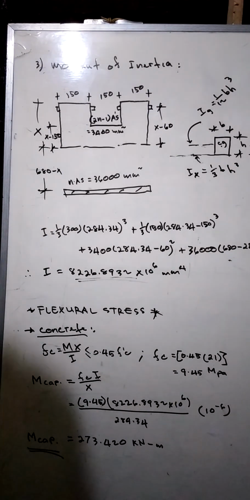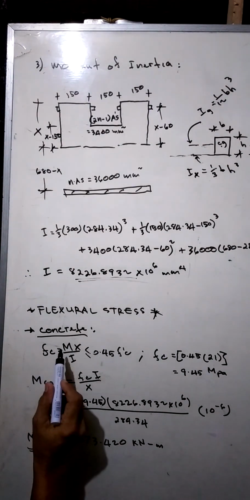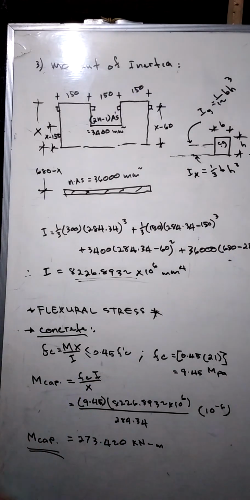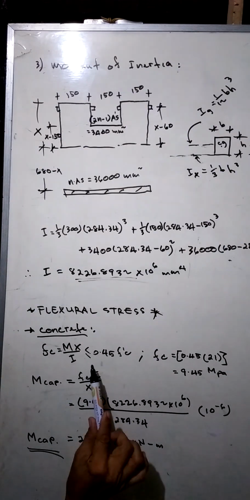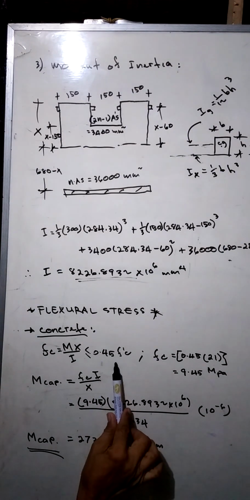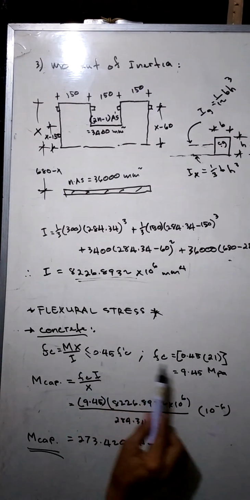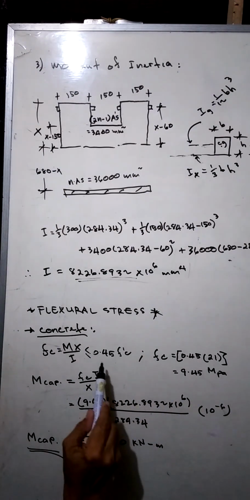For the concrete, FC is less than or equal to 45% of the specified compressive strength of the concrete. So computing this one, it will give 9.45 megapascal.